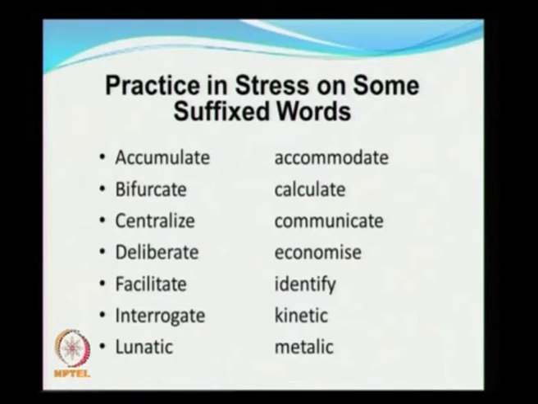How would you pronounce it therefore? Accumulate. But the next word, how would you pronounce the next word? What is 2 syllables before ATE? Co. So, how would we pronounce it? Accommodate. Okay. Similarly, the third, 2 syllables before ate, bifurcate.